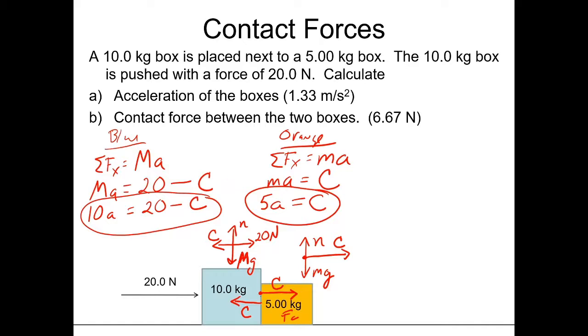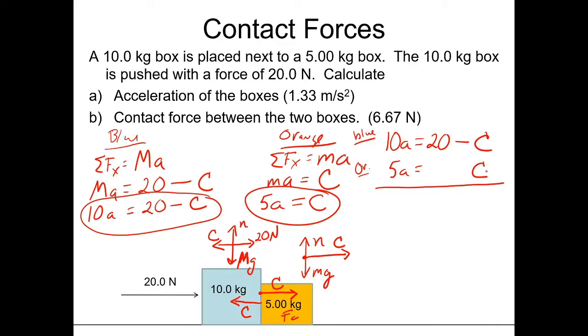Now we've got a system of equations set up. You could solve it by substitution if you prefer, or you could stack the equations. I'm going to stack them. So let's write this equation here. I'm just rewriting the equation for the blue box. Then I'm going to do the same thing for the orange box. Now you might say, you left a big space there.